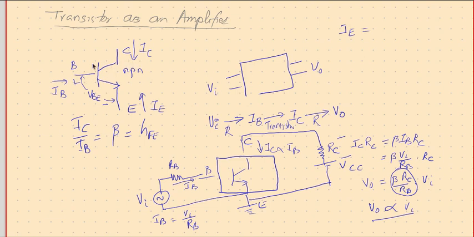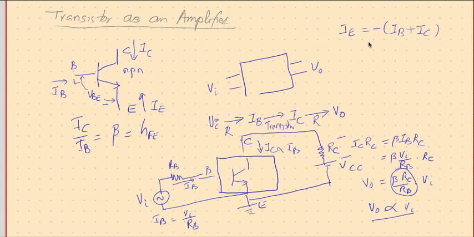Therefore, we had said that the emitter current is the sum of base current and collector current. As per convention, this is the base current going in, this is the collector current going in. The two together will become the emitter current that should be flowing outwards. But convention says to use inwards, so we use this logic.